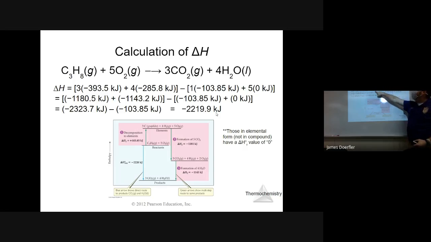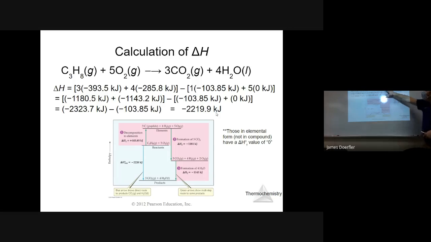So it has a delta HF value of negative 285.8 kilojoules. Again, where'd that 4 come from? The coefficient. Okay, so that's all the products. Again, you see we put them in brackets because we're going to sum them up after we've multiplied them.